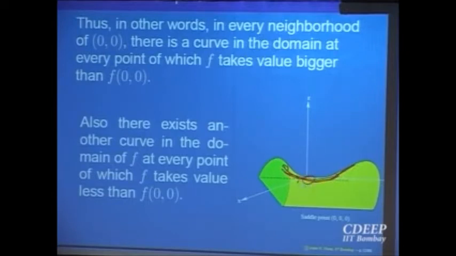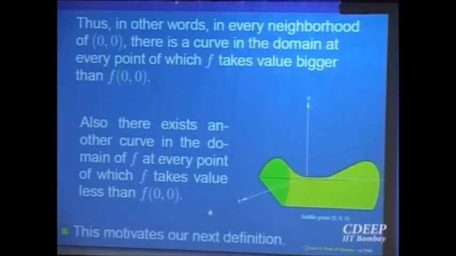But if you move along that other curve, then this is a point of local maximum. Such points are called saddle points for the function, because this looks like the saddle you put on a horse to ride it, right?